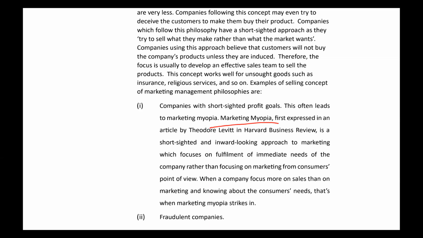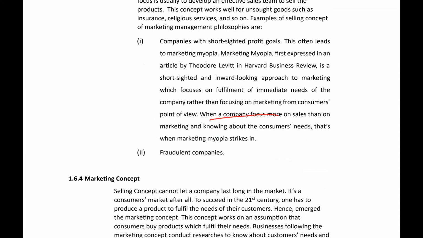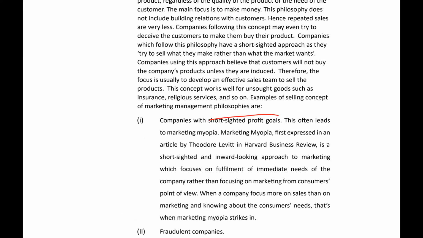Don't just be moved by making a sale. Don't just want to sell. No, consider the aspect of building a long-lasting relationship with your customers. The mistake that people usually make in marketing is that they want to acquire new customers, okay?